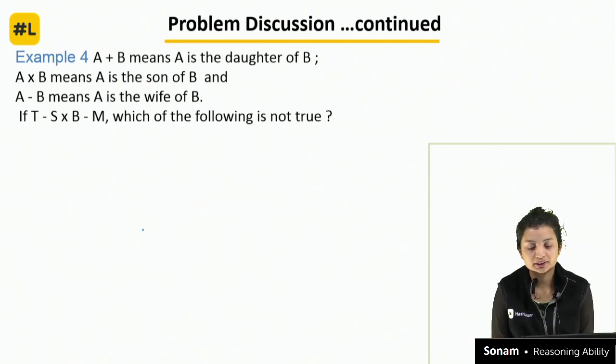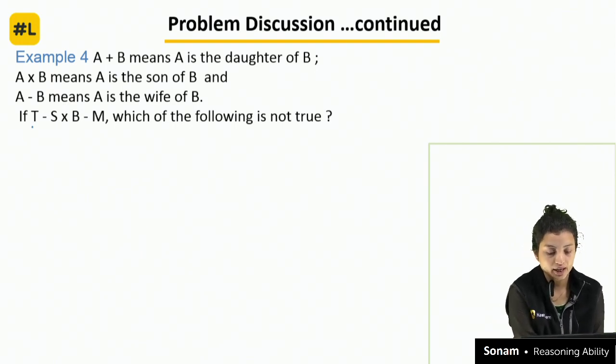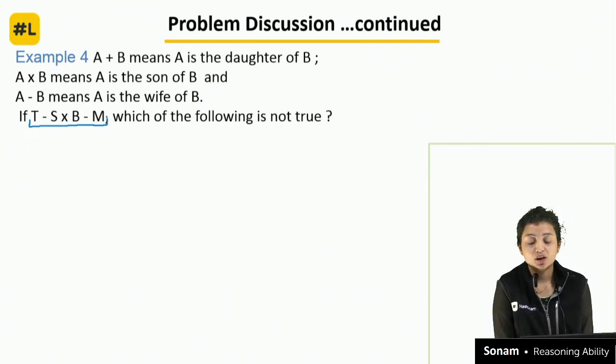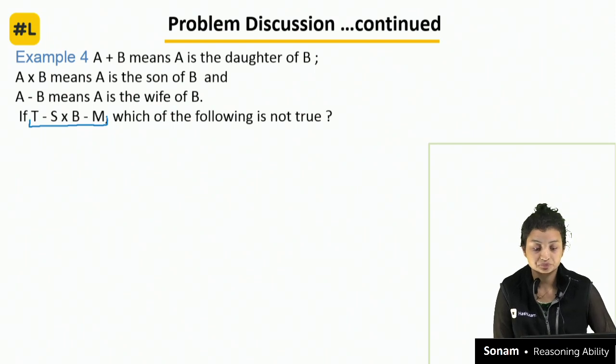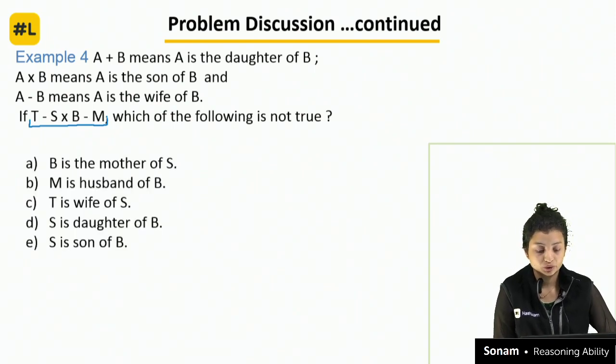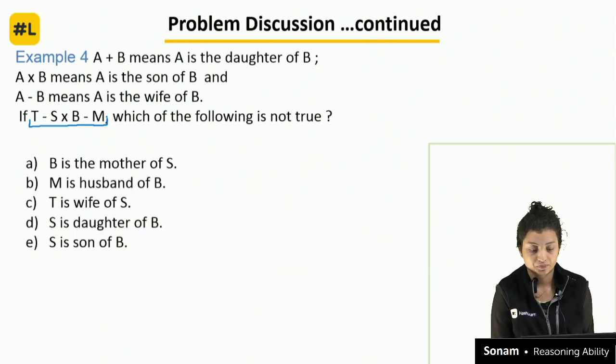A plus B means A is the daughter of B. A into B means A is the son of B. A minus B means A is the wife of B. If T minus S into B minus M is given to you, which of the following is not true? Read the question carefully. They are not asking you which of the following is true. They are asking you which of the following is not true. Okay, options are these.